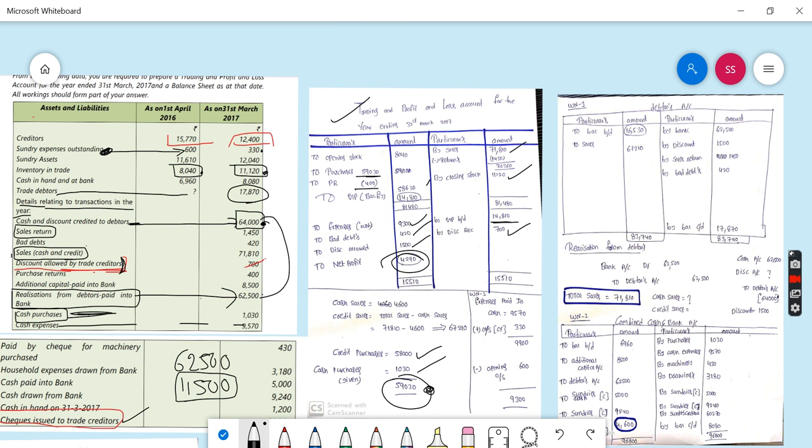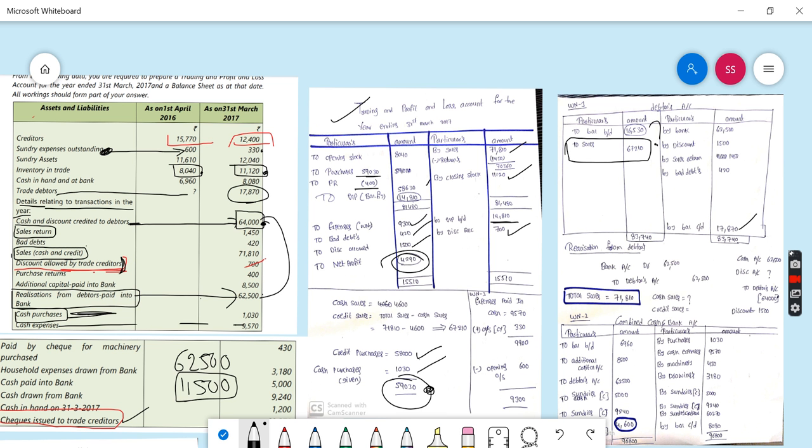So put the closing balance 17,870 in the debtors account, and then the opening balance will still be a question mark. And then sales also, we don't know how much credit sales we have done. So here in the debit side nothing will be there. We don't know anything in the debit side, right?